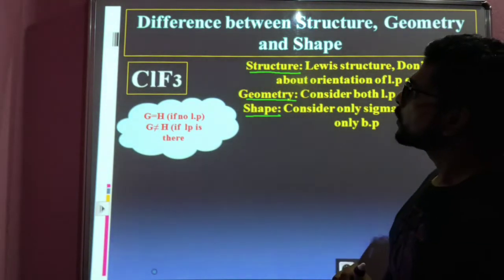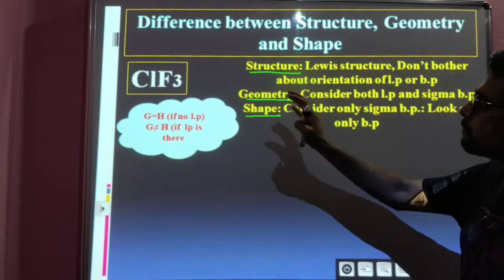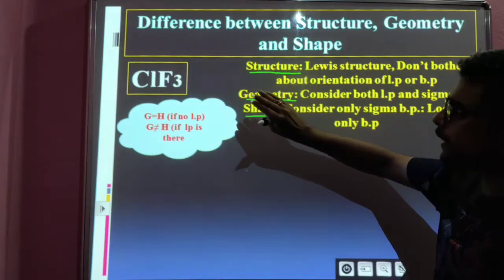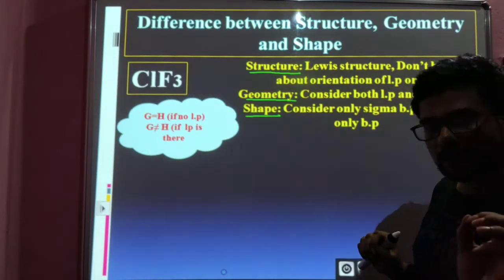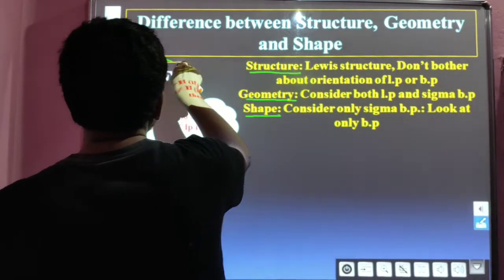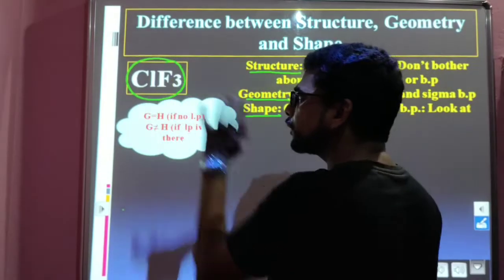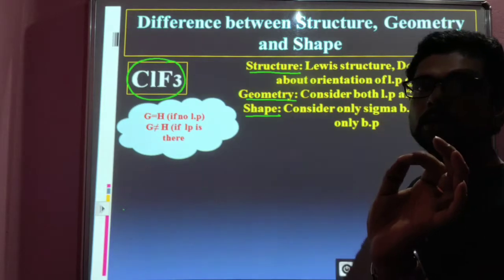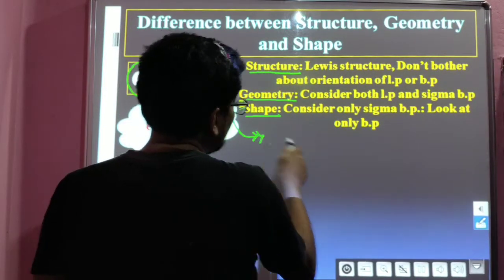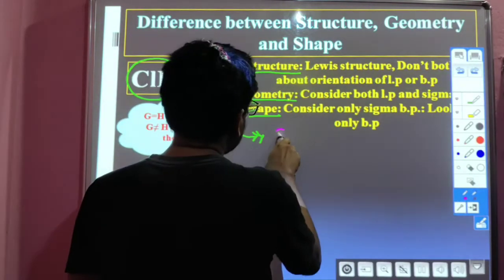Okay. So, how to get the sigma bond pair, pi bond pair and lone pair of electron? First, I am going to show you the structure of ClF3. In order to know the structure of ClF3, I will first calculate the steric number.